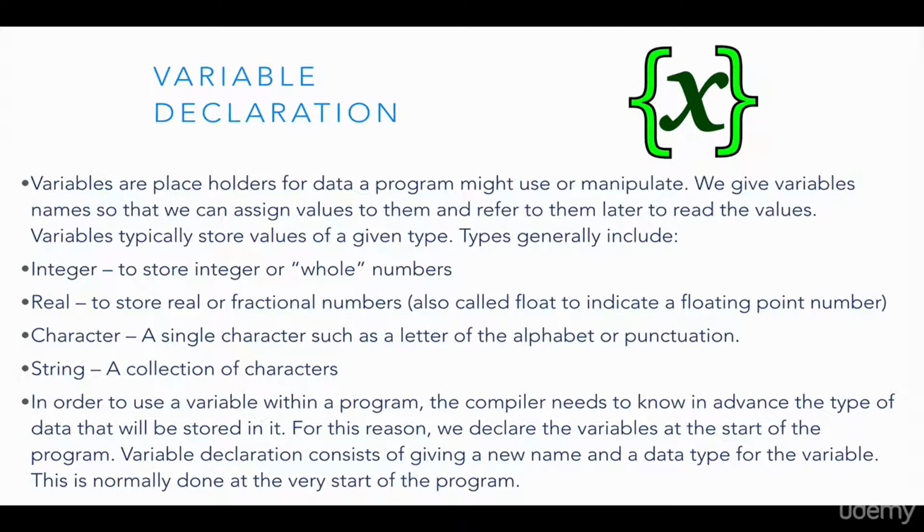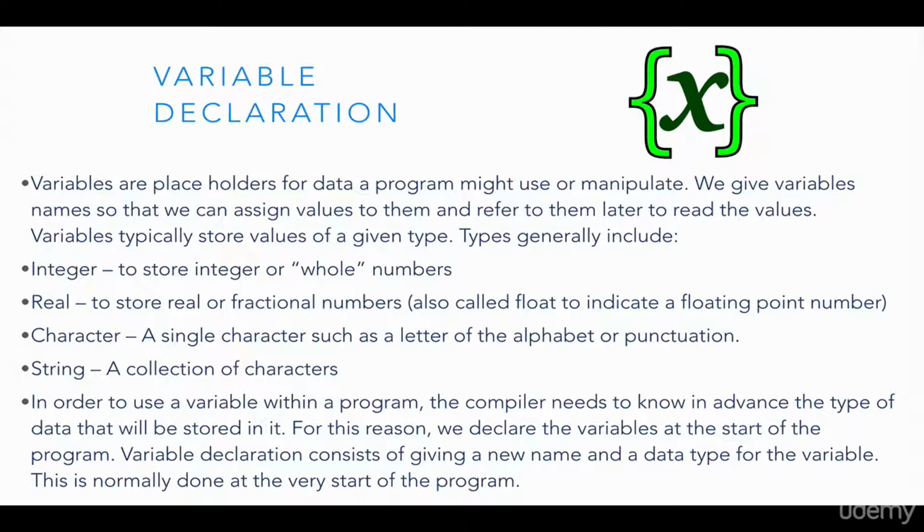So in Java, in order to create a variable, first we need to give our variable a data type, for example, an integer, a float, a character, a string, or a double. First a data type, and second, we should give our variable a name.